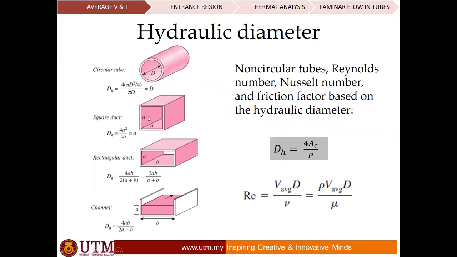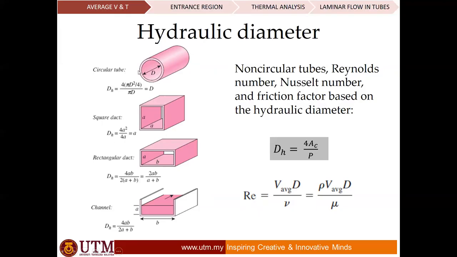Let's say you have four types of pipe: circular pipe, square duct, rectangular duct, and channel. If you want to calculate the Reynolds number for each of these cases, you need to determine the hydraulic diameter. It is basically the effective diameter for you to plug into the Reynolds number equation, because you have D over here.